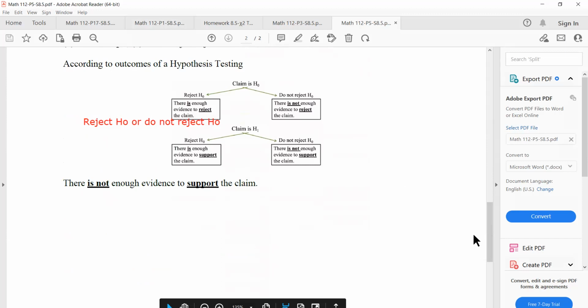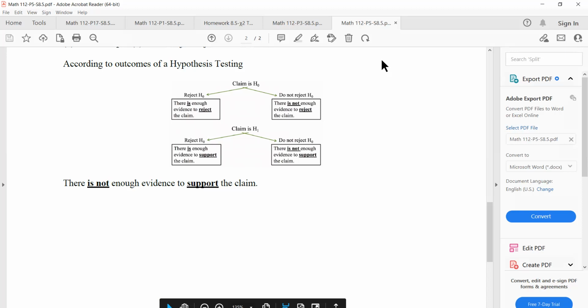Here's your little flow chart. We haven't had the flow chart make an appearance in the video. This is the flow chart for the decision chart for writing your conclusion. Use exactly what's in the box, whichever statement applies.